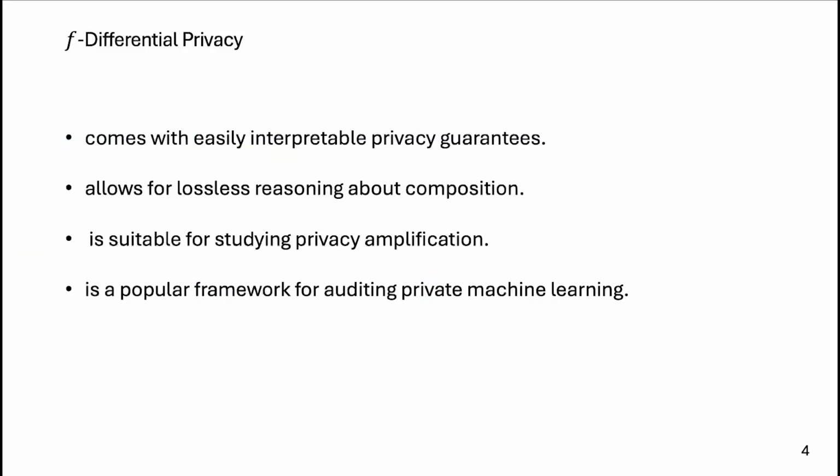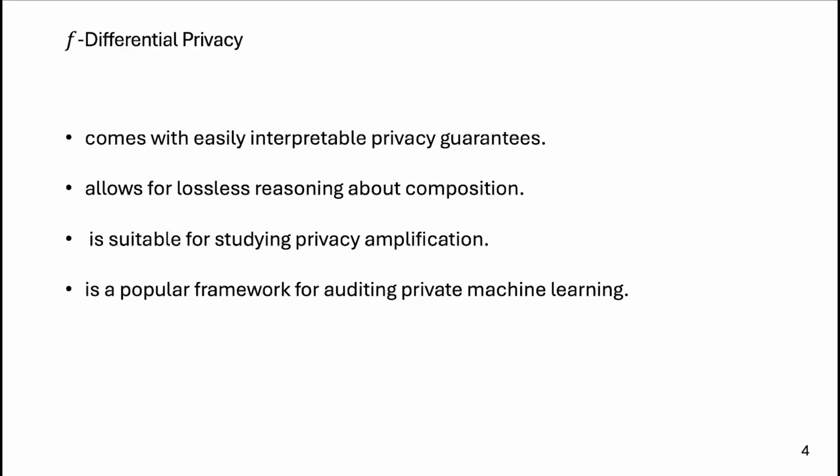Alright, now that we have established our privacy notion and the privacy parameter that we want to investigate later on, we might ask ourselves why we would look at f-differential privacy in the first place. And there are a number of reasons why f-differential privacy is an interesting privacy notion. F-differential privacy comes with easily interpretable privacy guarantees.